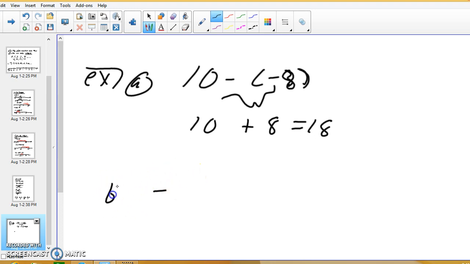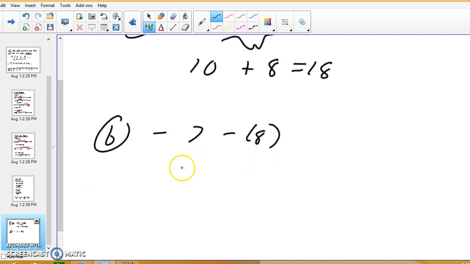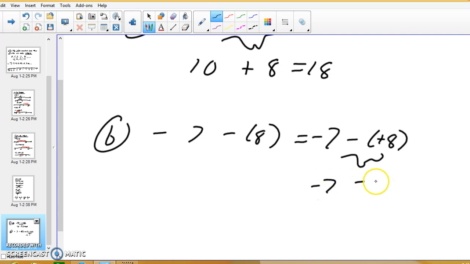Now let's try another one, say negative 7 minus 8. Well, that's the same as negative 7 minus a positive 8. We know a negative and a positive is a negative, so it's negative 7 minus 8. And if we're moving in the negative direction, that gives us negative 15.